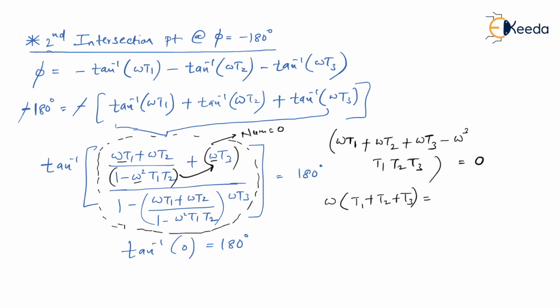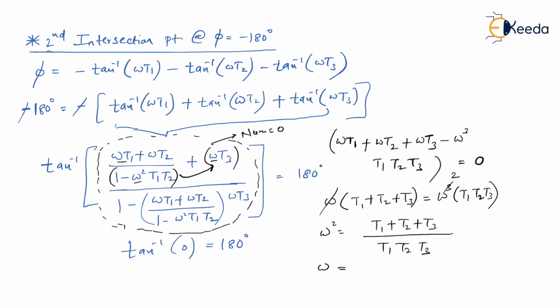And the rest, I'm shifting to the right hand side, which is omega cube times T1, T2, T3. This omega becomes omega square. So finally, I have the value of omega square, which is equal to T1 plus T2 plus T3 whole divided by T1, T2, T3. And if I take square root on both sides, I'll get under root of T1 plus T2 plus T3 whole divided by T1, T2, T3.